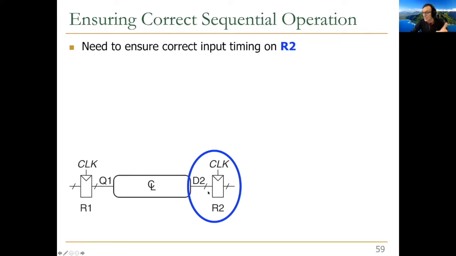You don't want to latch a glitch, and you certainly don't want to latch something that is computed before the worst case delays. That's why you need to take into account the worst case delay from the clock all the way into Q over here, as well as any possible thing that can affect the worst case delay from any input over here to the final latching of the data in R2.